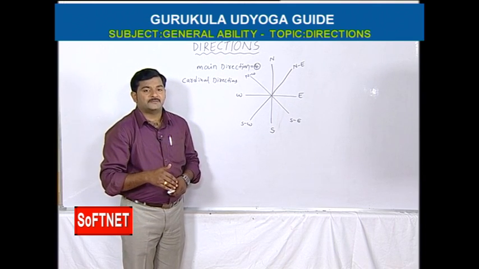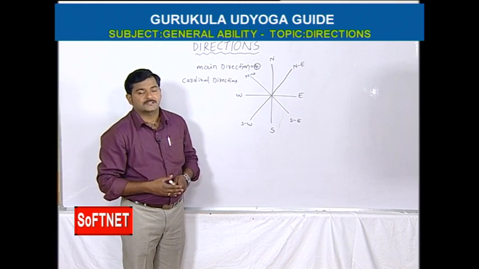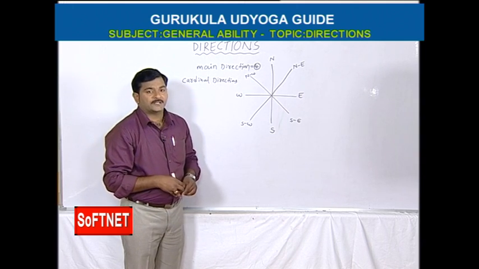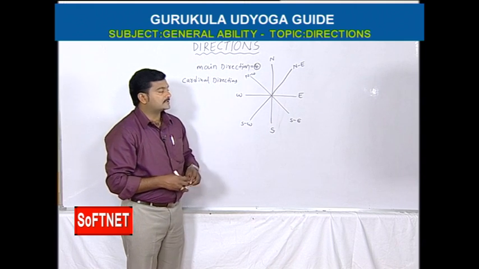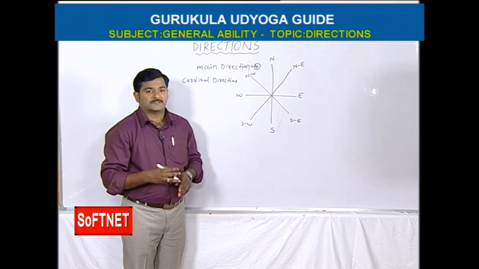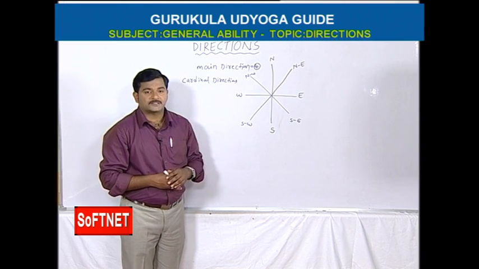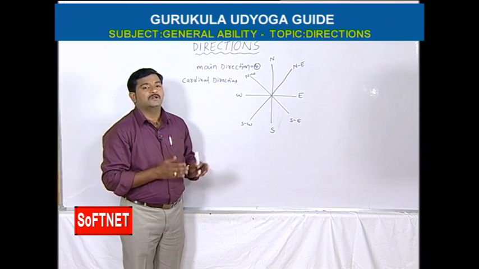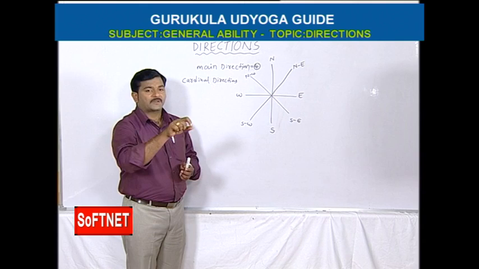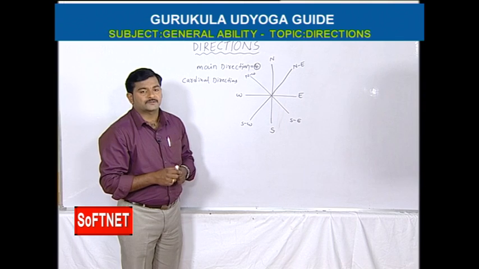Similarly, the angle between every two consecutive cardinal directions is also 90 degrees. The angle between northeast and southeast is 90 degrees. The angle between southeast and southwest is 90 degrees. The angle between southwest and northwest is 90 degrees. And finally the angle between northwest and northeast is also 90 degrees. So what can we conclude? The angle between one main direction and its consecutive cardinal direction is always equal to 45 degrees.